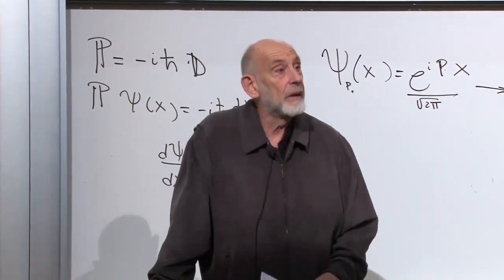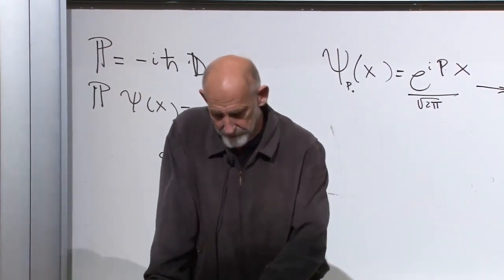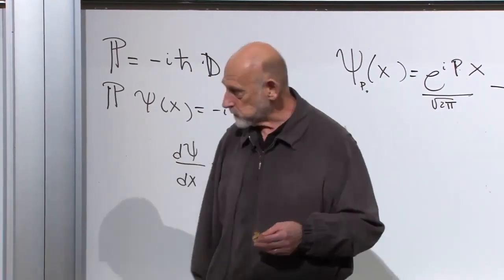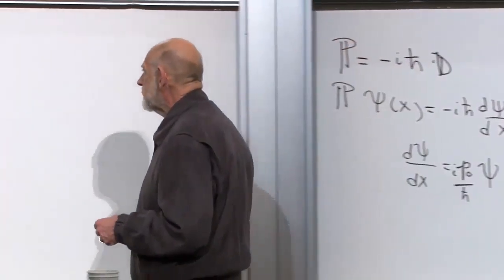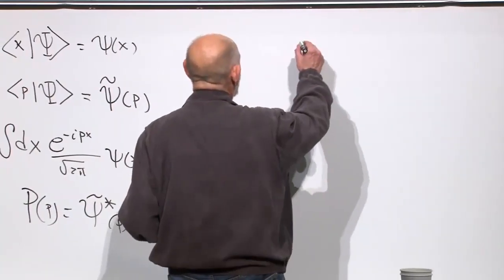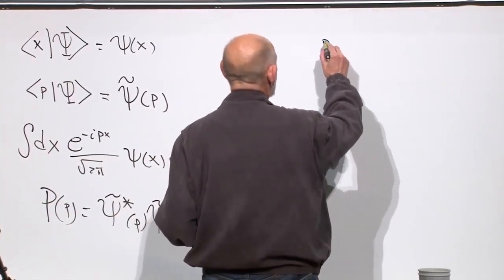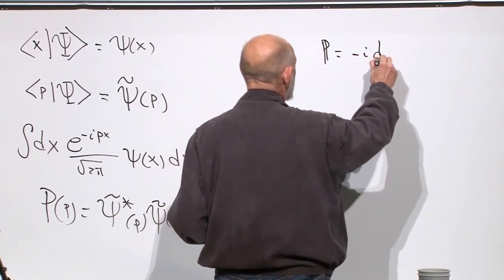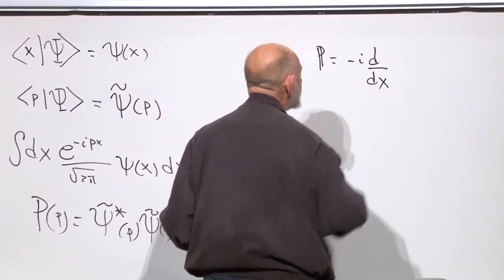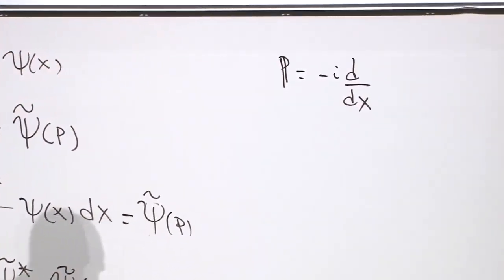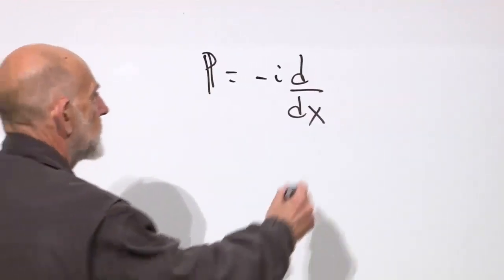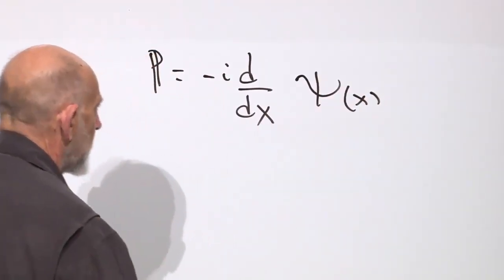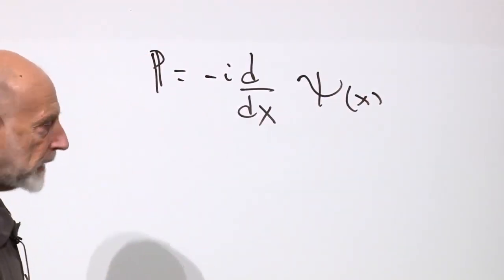So if you wanted to take a position operator in the momentum space, it would be i h bar partial p. Remember, p was equal to minus i d by dx, and you apply this to a position space wave function to find out how it acts.